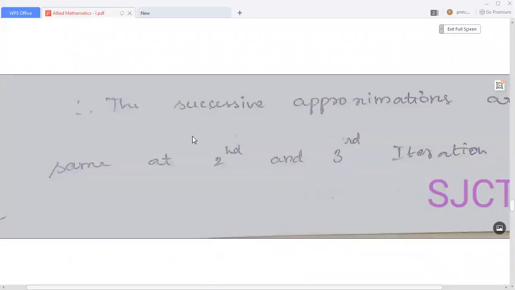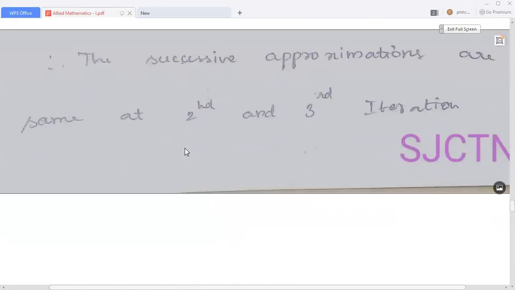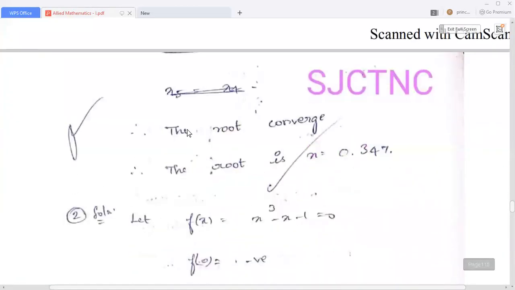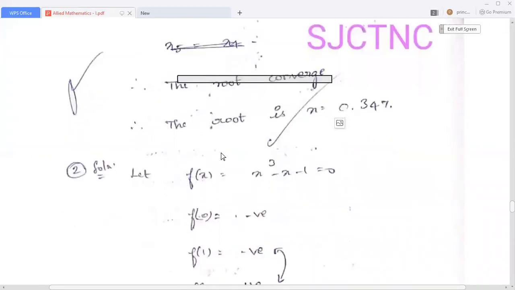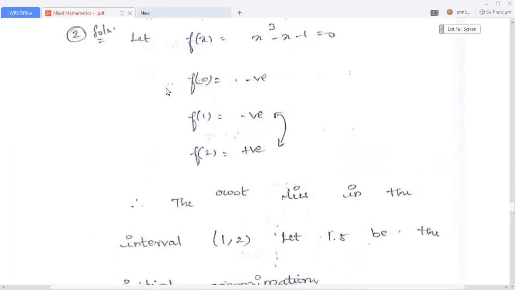Therefore the successive approximations are the same at the second and third iterations correct to 3 decimal places. Therefore the root converges. Therefore, the root is x equal to 0.347. Now we can do the second problem.